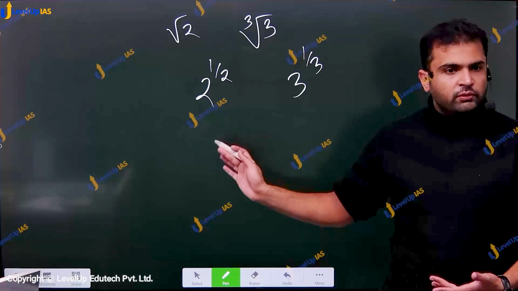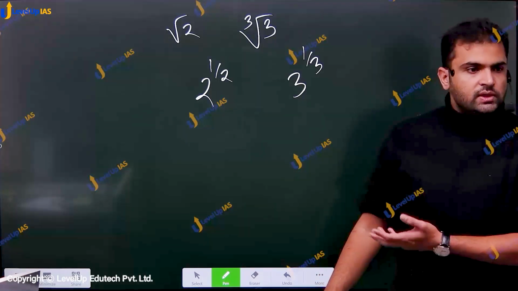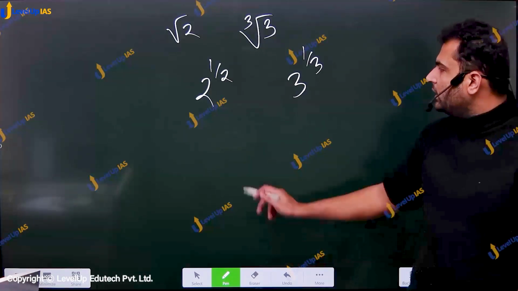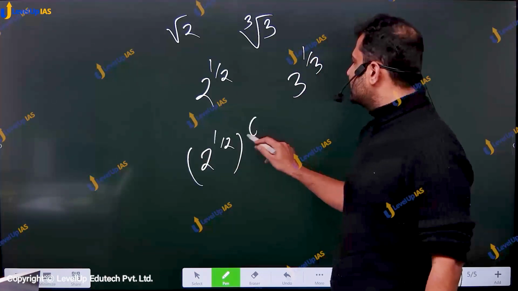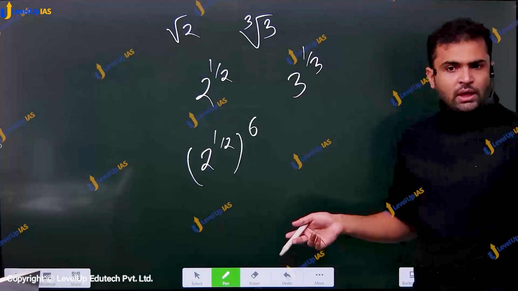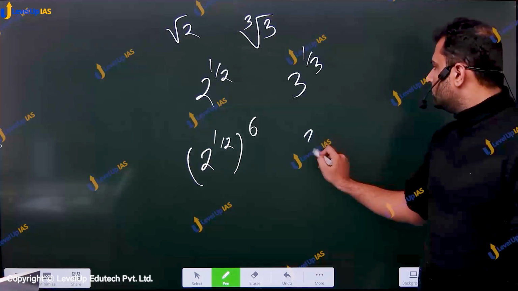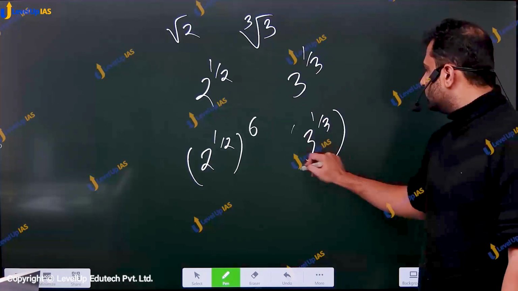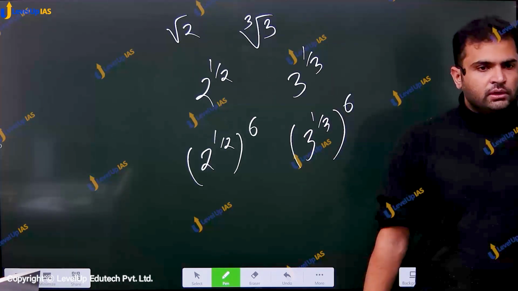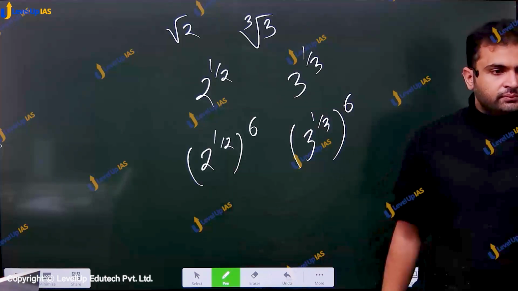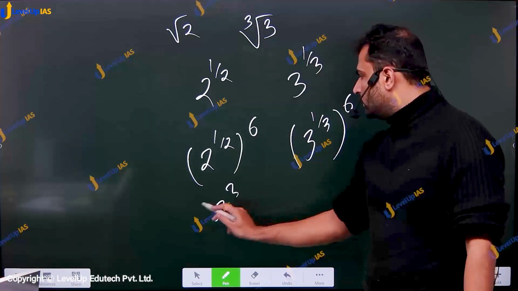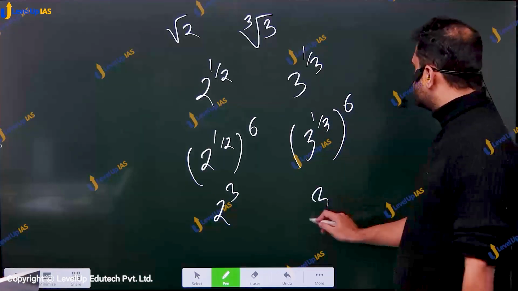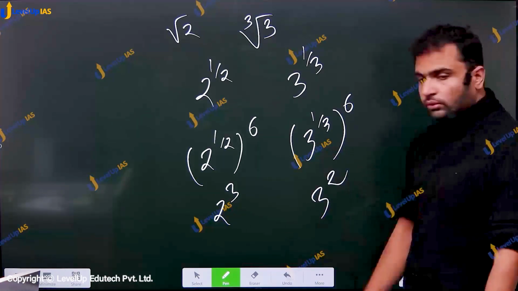Fractions are making me very uncomfortable. I am not able to see what is happening. So I'll just get rid of the fractions by taking the 6th power. Why 6th? LCM of 3 and 2. I want to get rid of it. The inequality won't change. Now this is 2 raised to 3 and this is 3 raised to 2.